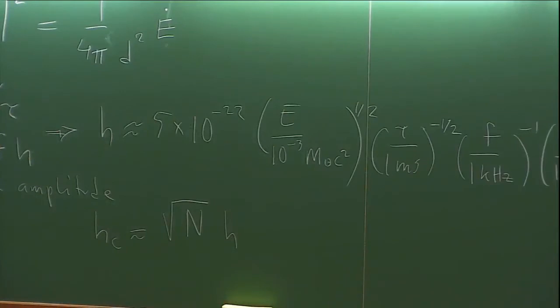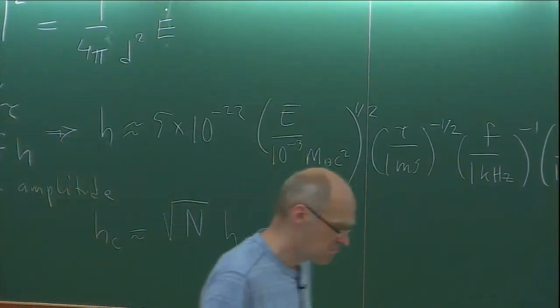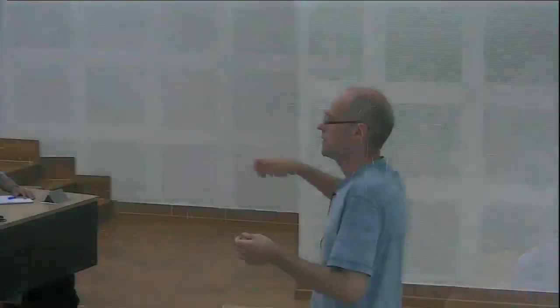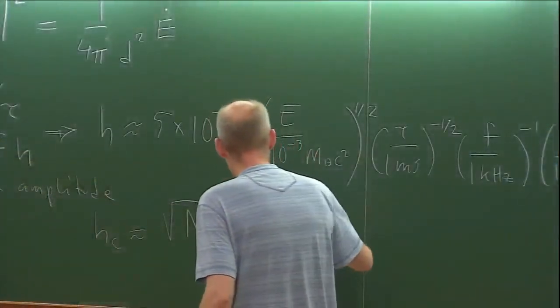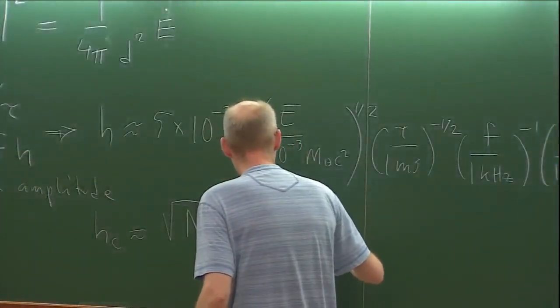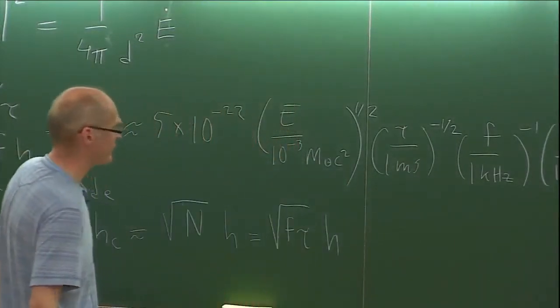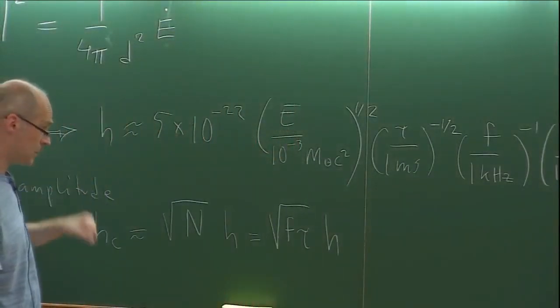So if we're thinking of, say, a system that just oscillates and we observe it for a certain time, then the number of cycles you're going to get is just the frequency times tau times h. Okay?